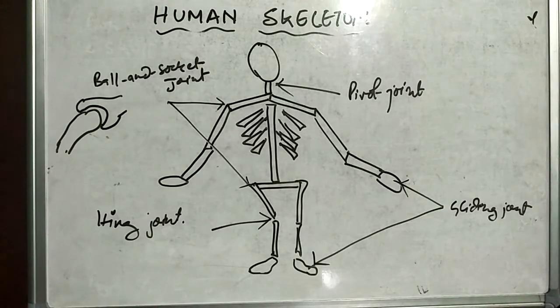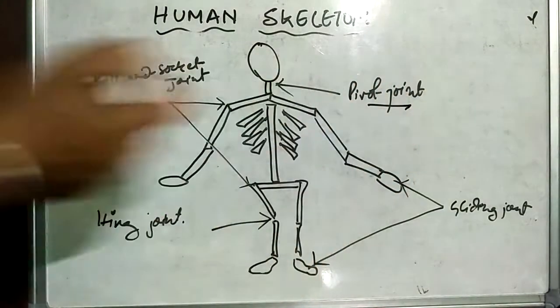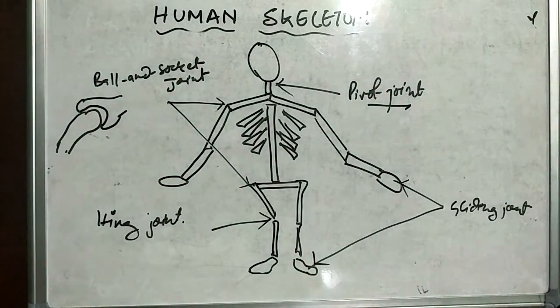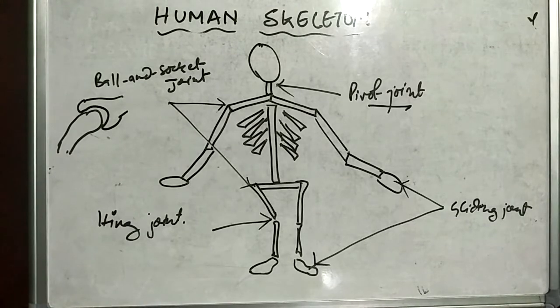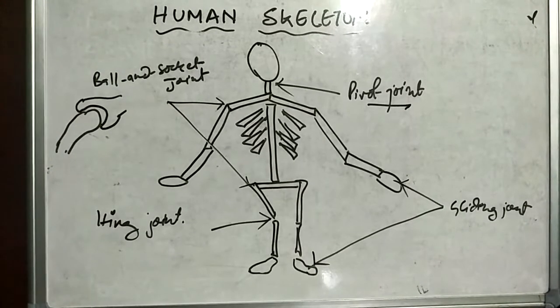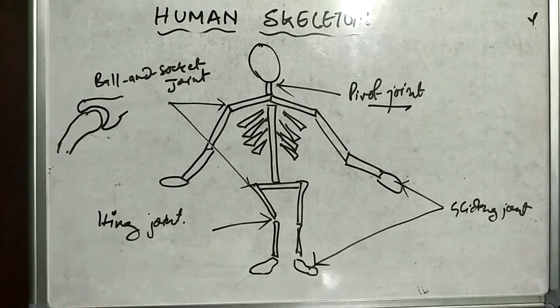That is helped by the pivot joint, which you can find between the skull and the backbone. So at the joining point of the backbone and the skull, you will find the pivot joint.